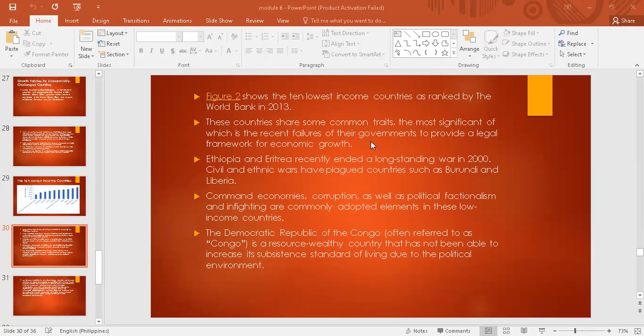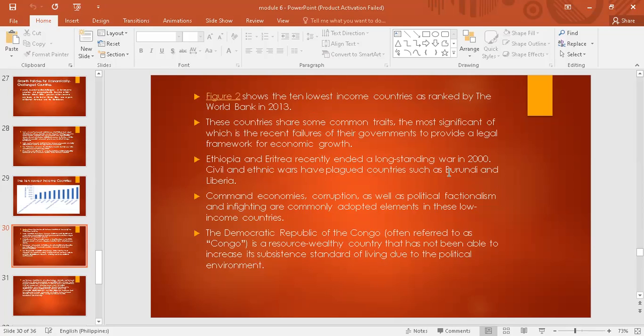Ethiopia and Eritrea, meron kasi silang civil and ethnic violence or conflict, or meron silang mga plagues, wars and plagues. Halimbawa, sa Burundi and Liberia, yung sakit, yung mga plagues ang nagkukos sa kanila dito, yun ang pumipigil sa economic development.